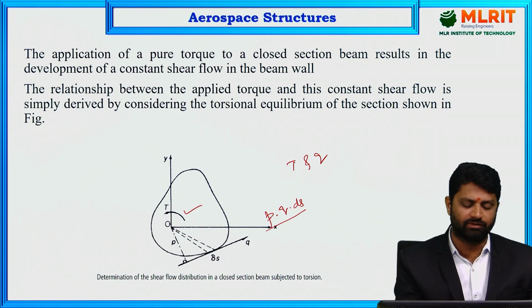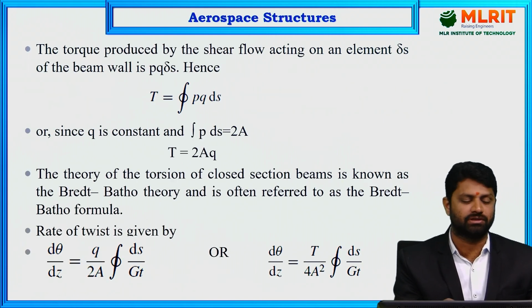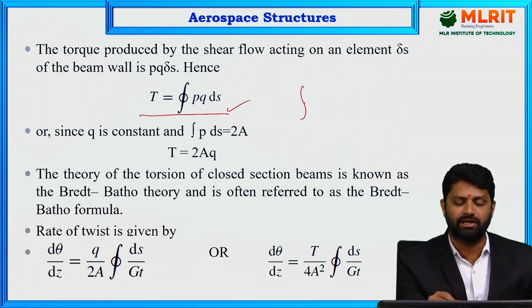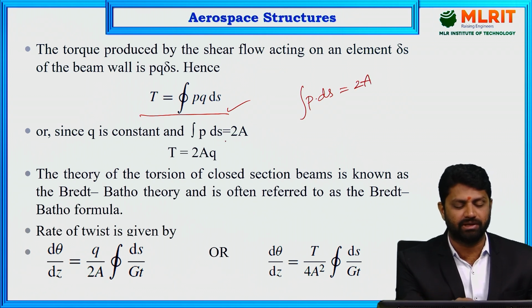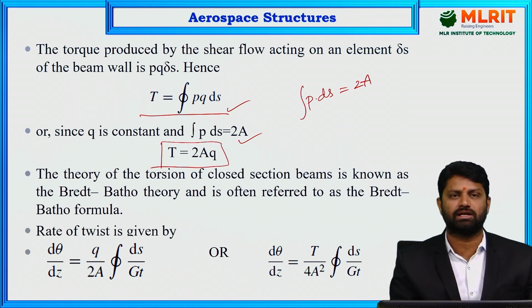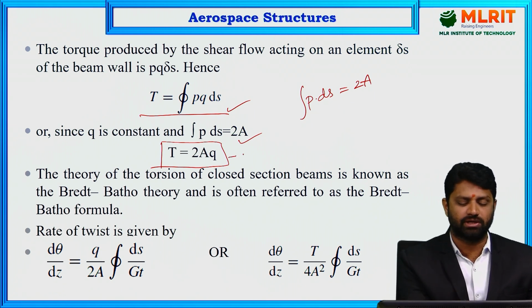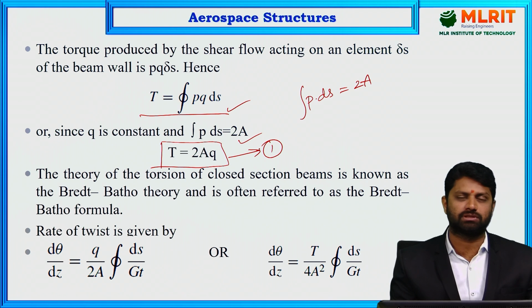This is only for one element, and if you apply it for the complete arbitrary cross section, you can write T equals the cyclic integral of pq ds, and the integral of p ds is twice the area, 2A. Therefore, replacing the integral of p ds by 2A, we get T equals 2Aq. This is a very important relationship that we got, that is torque equals 2Aq, and it will be used in torsion problems.